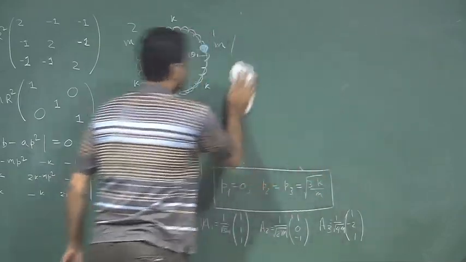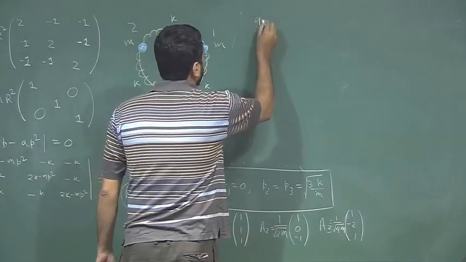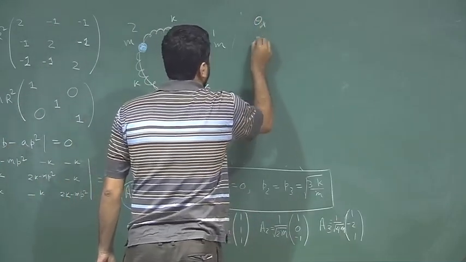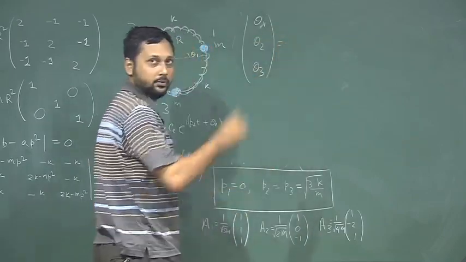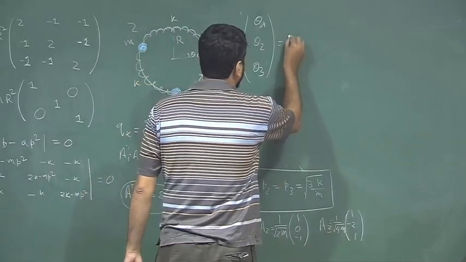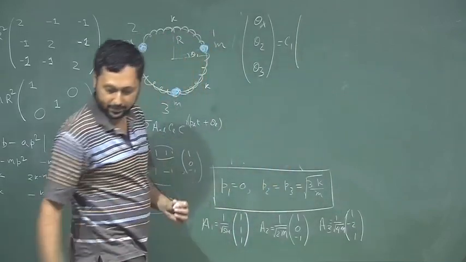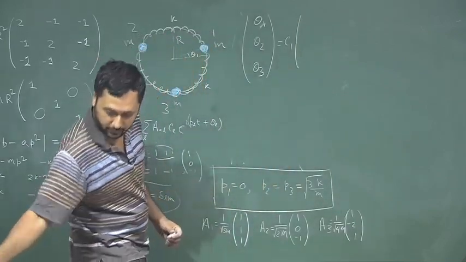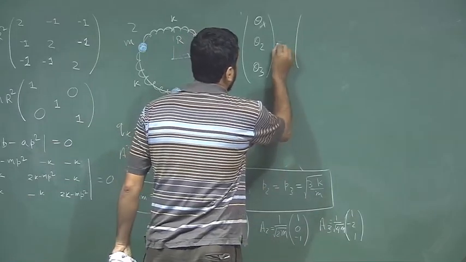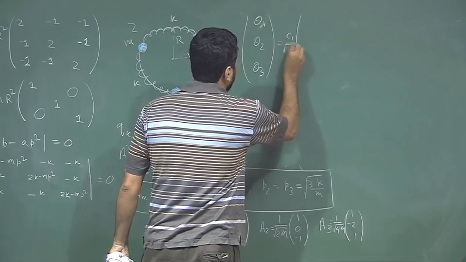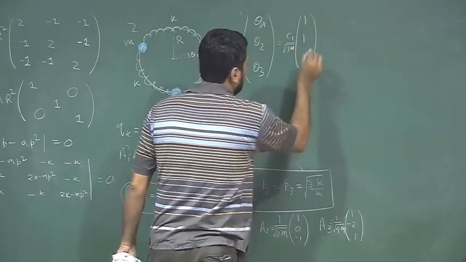So, the general solution following this construction can be written as theta 1, theta 2, theta 3. I am just writing a matrix equation which will include 3 linear equations: C1, okay, so there will be a factor coming due to normalization, equal to C1 by root 3m times (1 1 1), right.